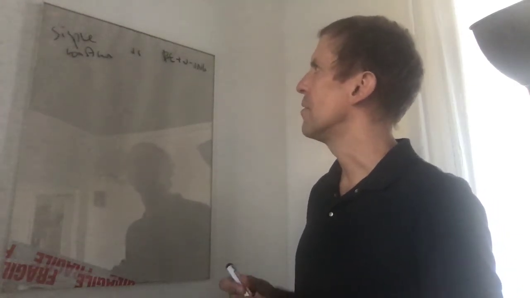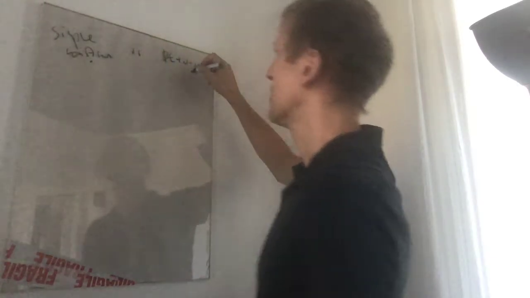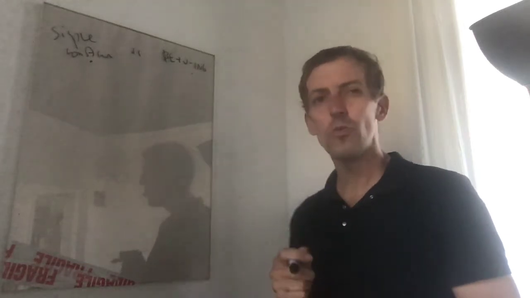Okay, so let's start with this simple construction and what it's all about. We choose the simple construction instead of the be plus verb ing construction according to the way we want to represent the activity.